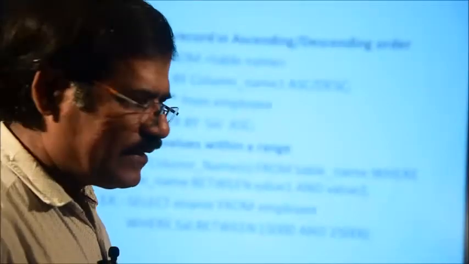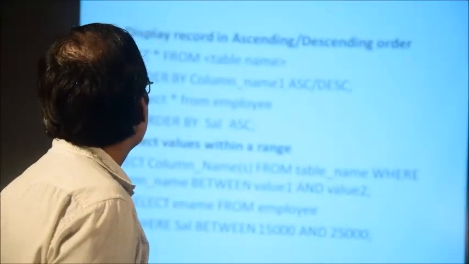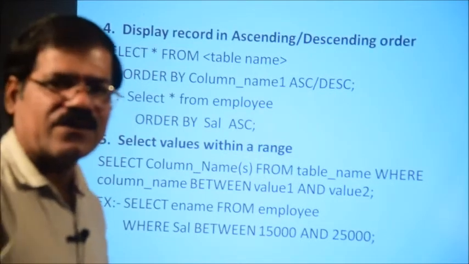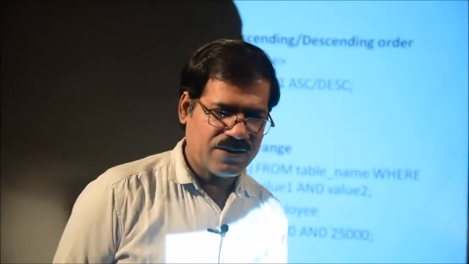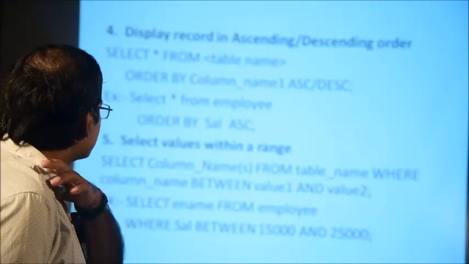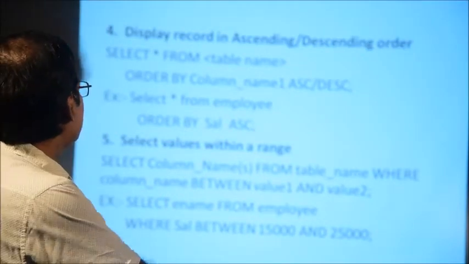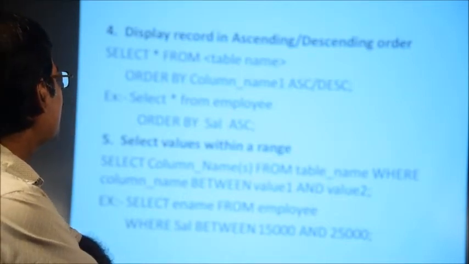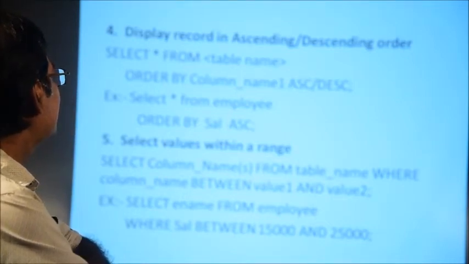So the next is display records in ascending or descending order. I want to arrange the records in a particular order, either ascending or descending. How to arrange the records in ascending or descending order?